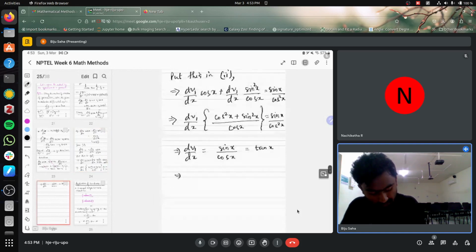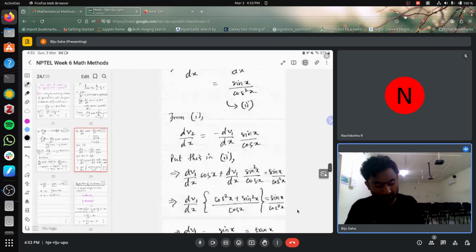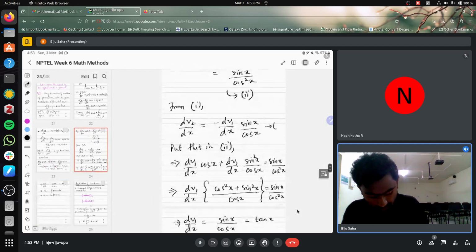Now you just have to integrate tan x dx. This is standard integration, which is given by this. So this is your v1, we got v1.